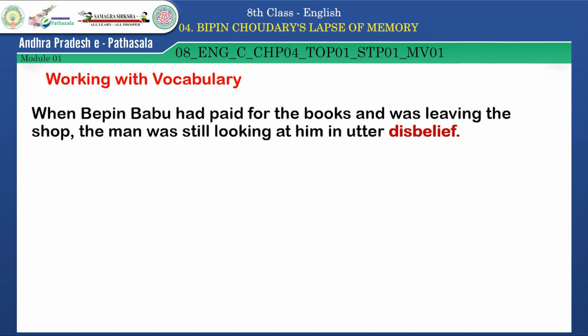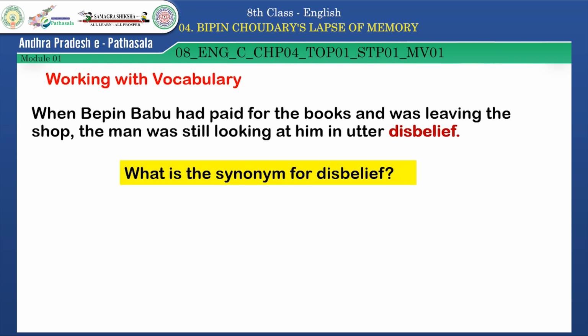Working with vocabulary. When Bipin Babu had paid for the books and was leaving the shop, the man was still looking at him in utter disbelief. So what does disbelief mean here? What is the synonym for disbelief?